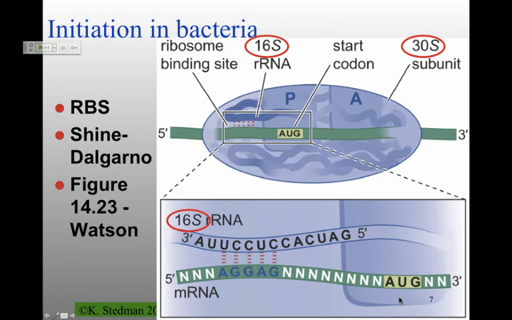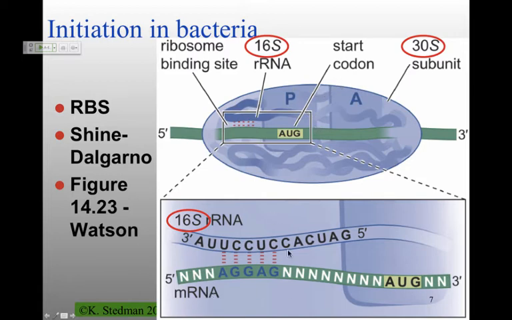And you remember that initiator tRNA is different than the methionine tRNA you're going to be using for extension. What that tells you is that the codon-anticodon interaction in bacterial initiator tRNAs is not as absolutely specific as you have potentially with the methionine tRNA as you're undergoing extension. So you have binding of the small subunit of the ribosome, this big purple thing, to your messenger RNA at these Shine-Dalgarno sequences.